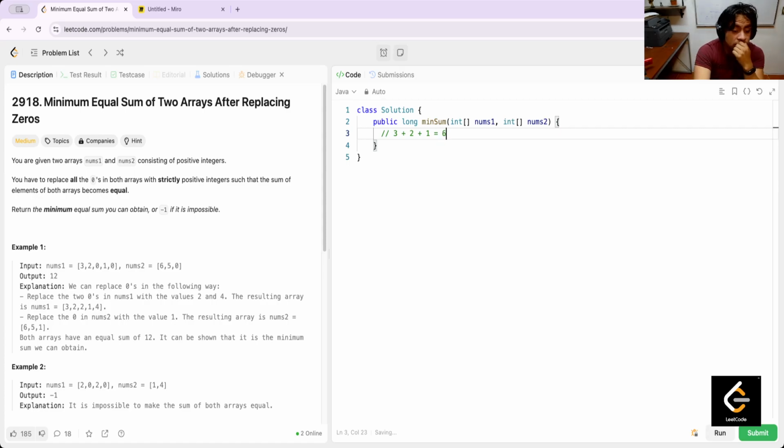Now the other is 5, 6 plus 5, that is 11. Okay, the difference between these is equal to 5. It means that I need to, and this contains 1 zero, okay, this plus 1.